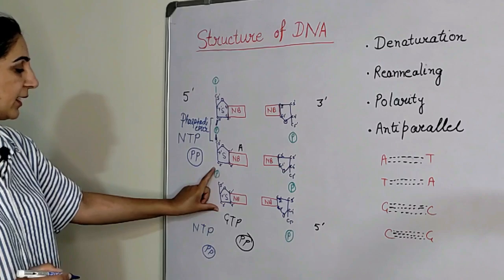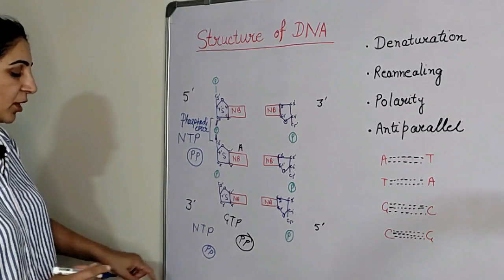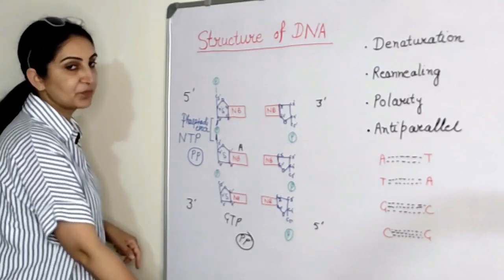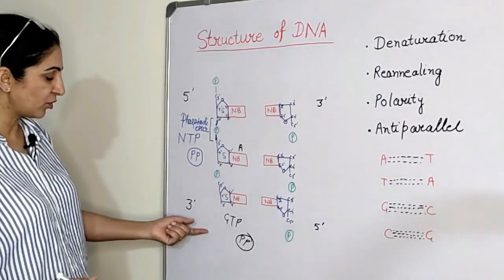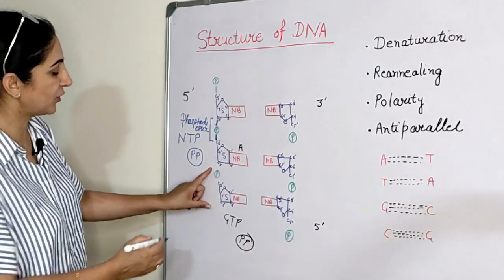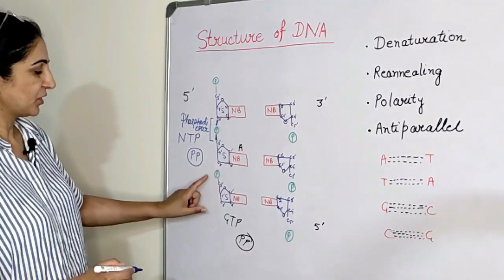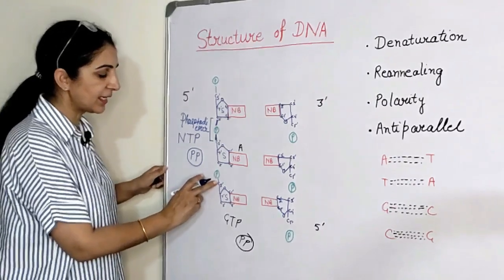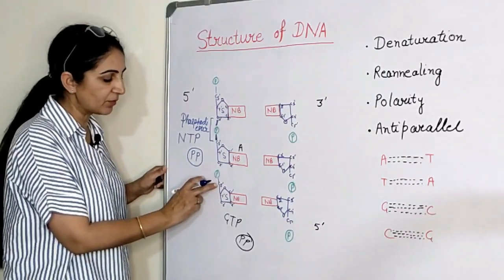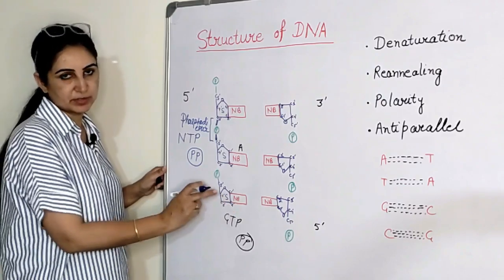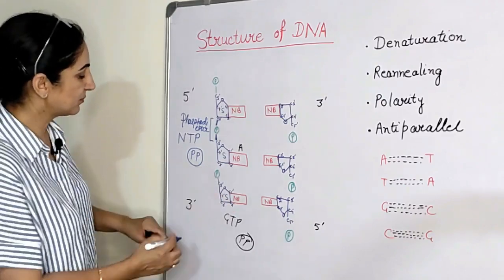and a new nucleotide comes, in the form of triphosphate, from which the pyrophosphate group gets removed, so that we are left with nucleotide monophosphate, which already has an ester linkage with the carbon number 5 prime of the deoxyribose subunit. Now what happens?